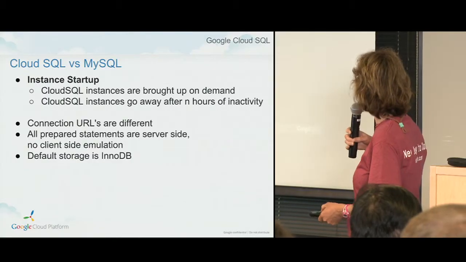Doesn't make that much difference. Does keep your costs down, but it's something to be aware of. If your instance goes idle, then the next time a request comes in that needs the instance, the very first request has a little bit of warm-up time needed for it.